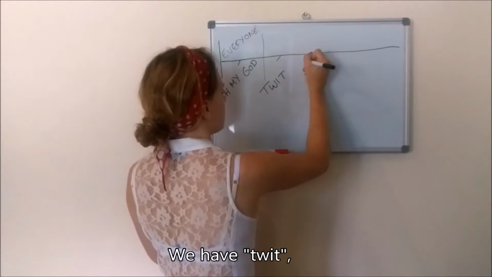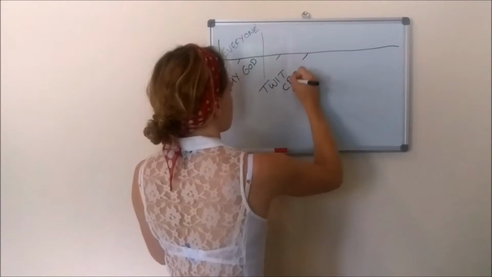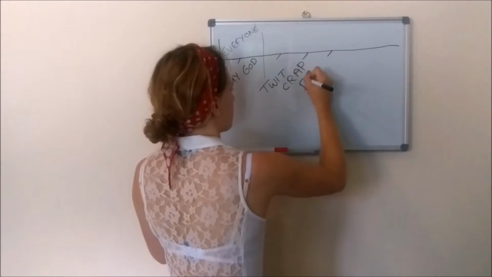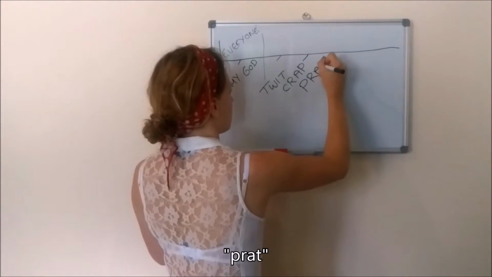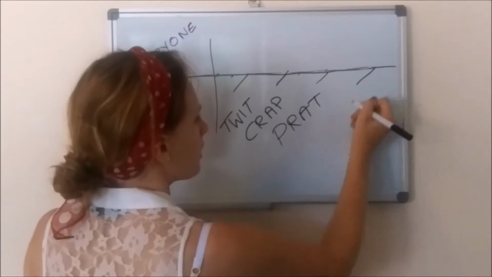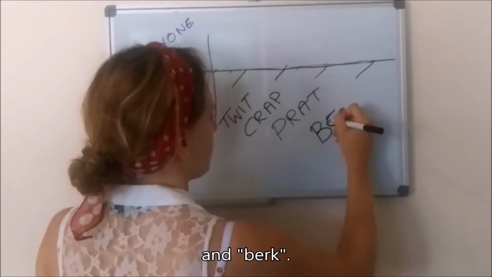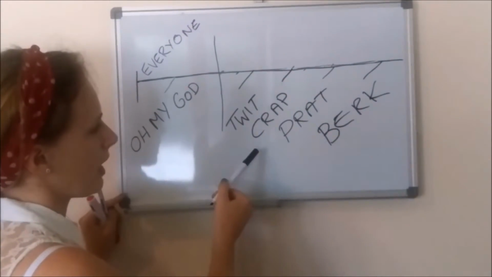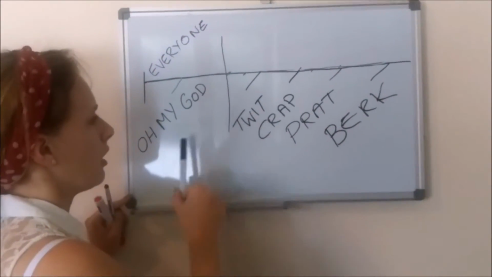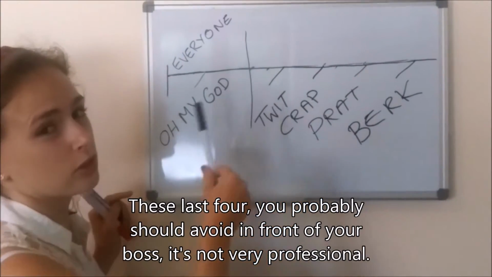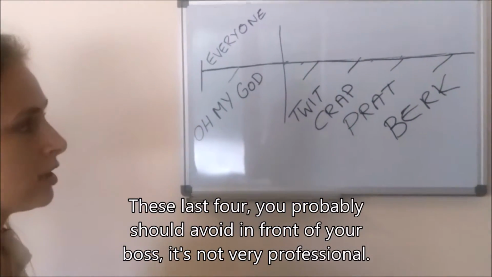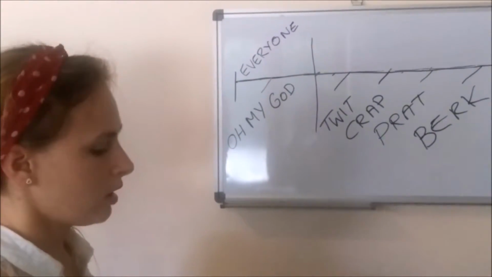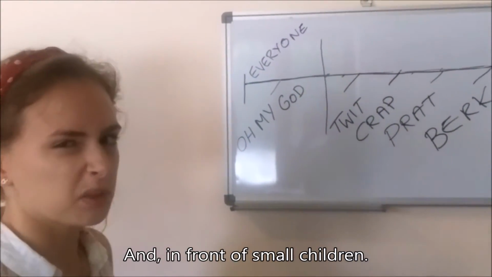Twit, crap, prat, and burk. So we have oh my god, twit, crap, prat, burk. These last four you probably should avoid in front of your boss. It's not very professional. And in front of small children.